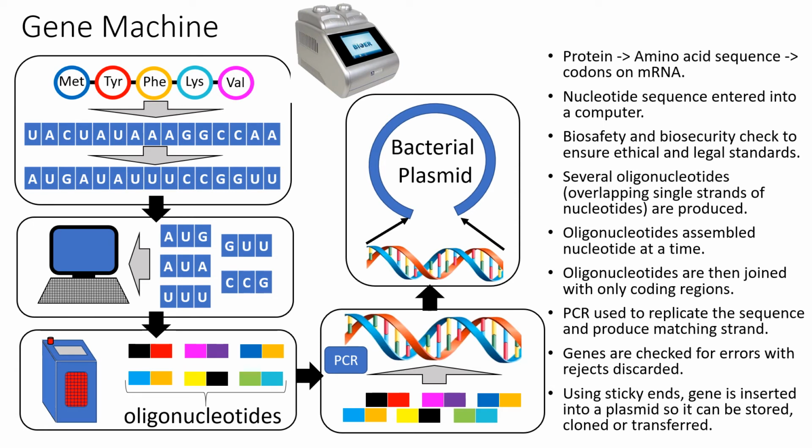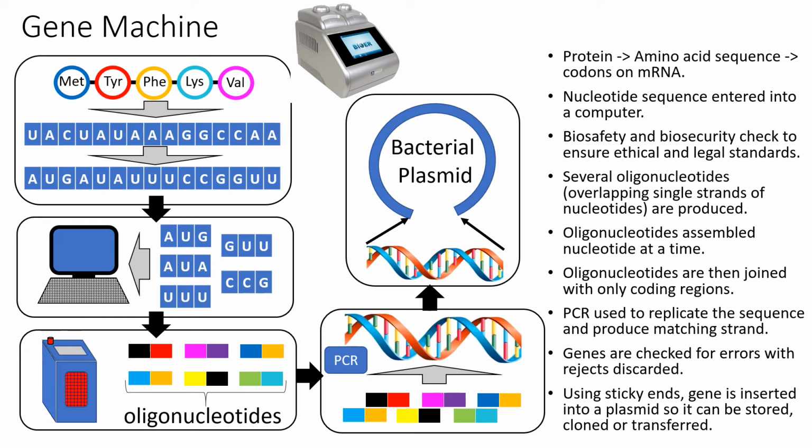PCR just makes large numbers of copies of any particular DNA strand. Then we insert that DNA strand into a bacteria plasmid, and that bacteria will then do the transcription and translation process and produce the polypeptides linked to the particular gene that we have produced.